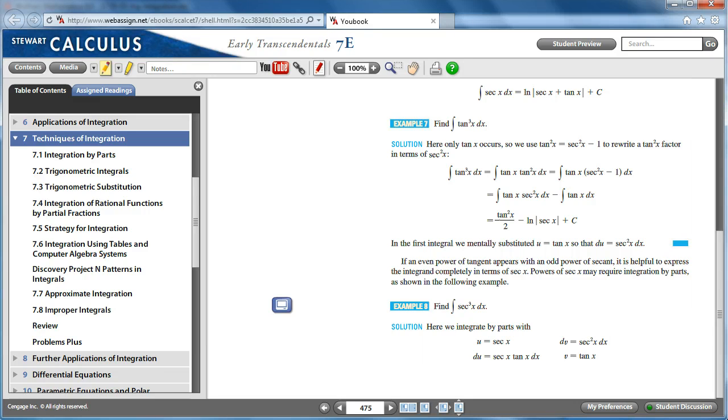So rewrite the tangent squared part into secant squared minus 1 and break up the parentheses. What do we have? Tangent times secant squared. That part, the secant squared part, has second power, that's even power, so you can use y substitution, y as tangent, and then everything works out fine.